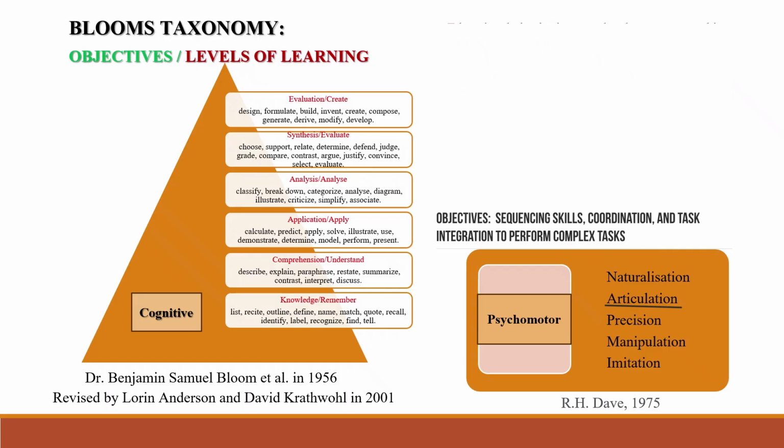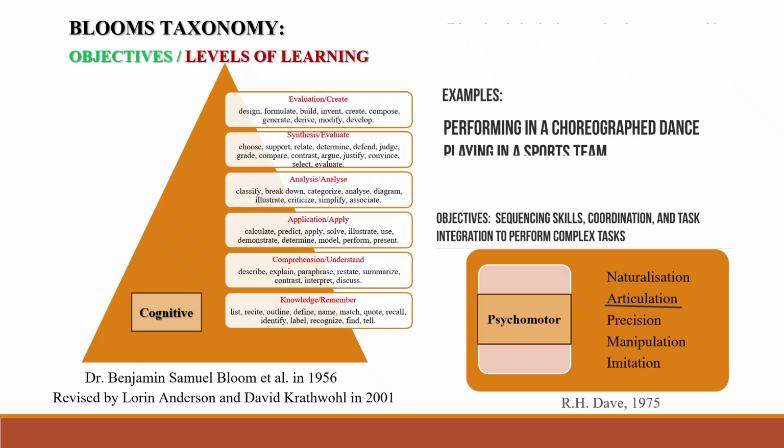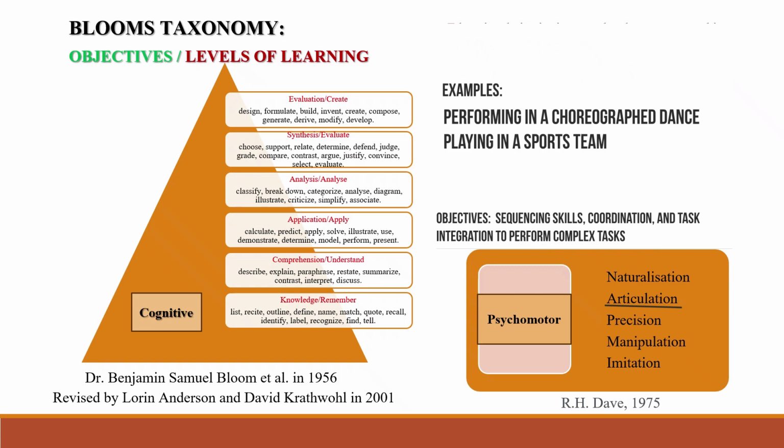The objectives here are sequencing skills, coordination, and task integration. Here, learners combine multiple skills smoothly to perform coordinated actions for complex tasks. For example, performing a choreographed dance, playing in a sports team, etc.